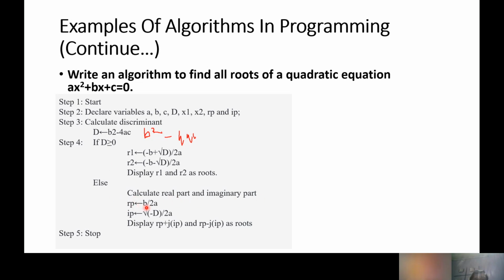So rp is equal to minus b divided by 2a, and ip is the root of minus d divided by 2a. Display rp plus j into ip, and rp minus j into ip as the roots. Now what is j? Where I said i, here j is used. That's the difference. Only i square or j square may be used to represent the imaginary part. That is the mathematics.